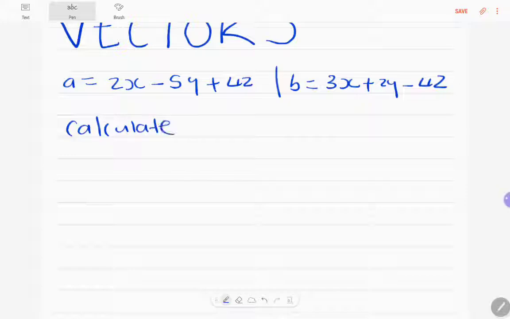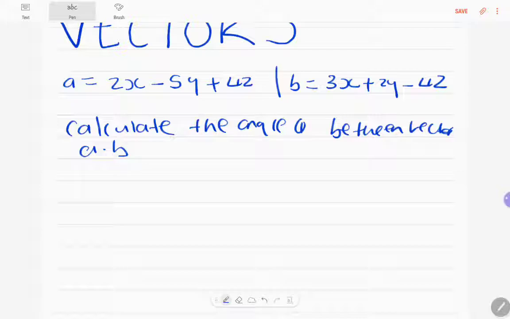Calculate the angle theta between vectors A and B. The formula is cos theta is equal to A dot B over the magnitude of A times the magnitude of B.